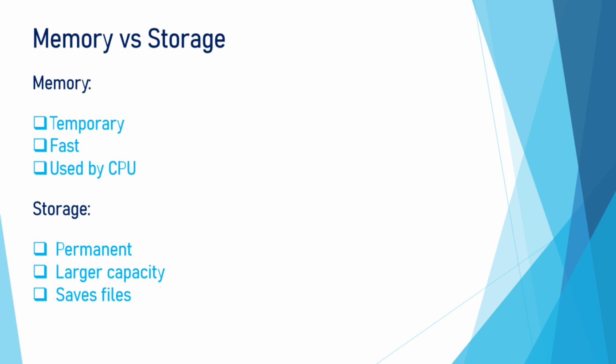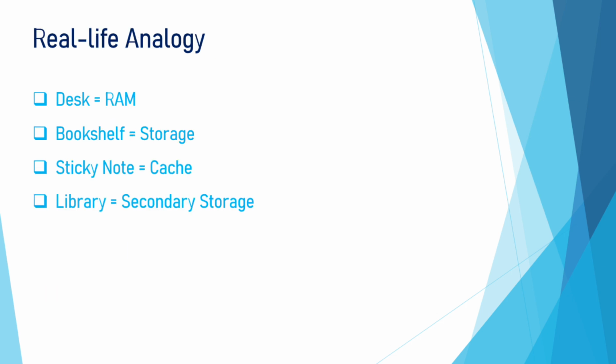Let us understand this with a real life analogy. Let's make this even simpler. Imagine you are preparing for an exam. Your bookshelf stores all your textbooks. That represents secondary storage. Your study table is where you keep the books you are currently reading. That is nothing but RAM.